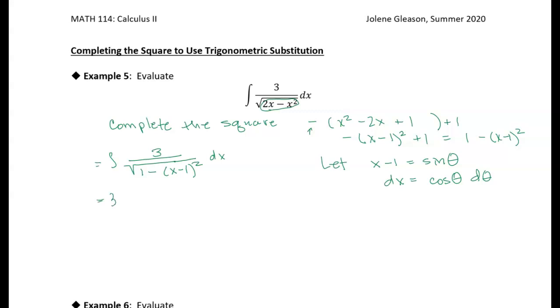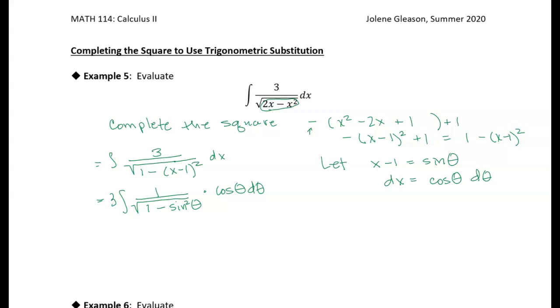So I'm going to get 3 times the integral of 1 over the square root of 1 minus, and I'm replacing this whole x minus 1 with sine of theta. All right, so this becomes sine squared theta, and then times cosine of theta d theta. Okay? You see that? And isn't that slick?